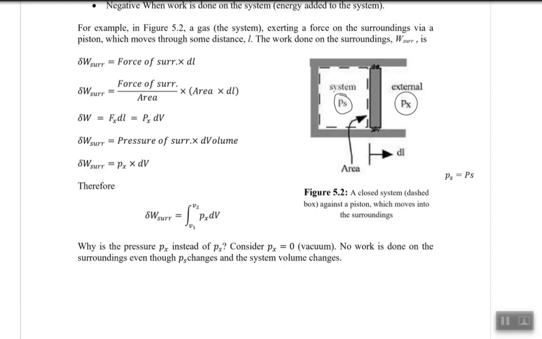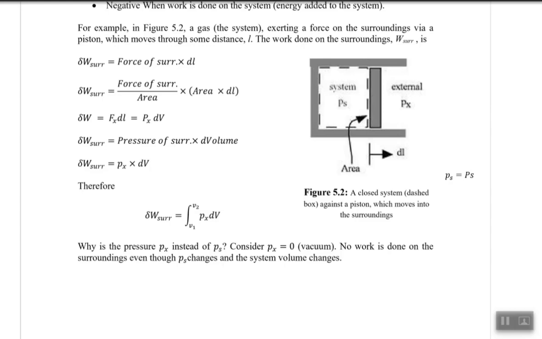If there is some friction somewhere, then whatever the change inside PS would definitely not equal the change of PX. So PX would be equal to PS only when there is no friction in the piston itself.